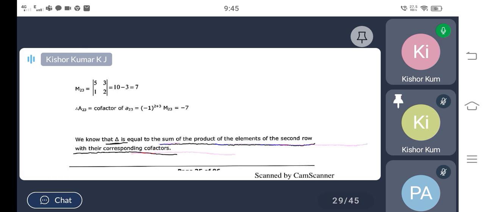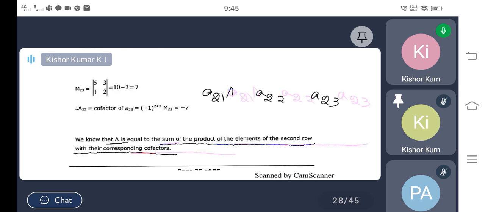Whatever row you consider, take the product with the cofactors of that row. For example, here we have the second row, so we consider the elements A21, A22, A23. The determinant value is always equal to the sum of the products of the elements in the second row with their cofactors.